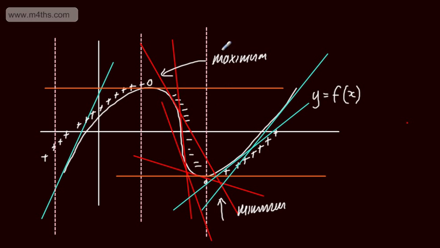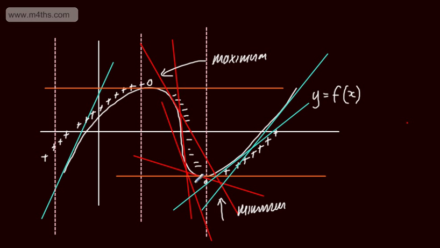In this particular case, we said that this stationary point was called a maximum. The gradient to the left is positive, the gradient to the right is negative. Once we come to the right of this maximum stationary point, we had a decreasing function. So we went from increasing to decreasing. The gradient of a tangent, or dy by dx, was less than 0 for all values of x in this particular interval.